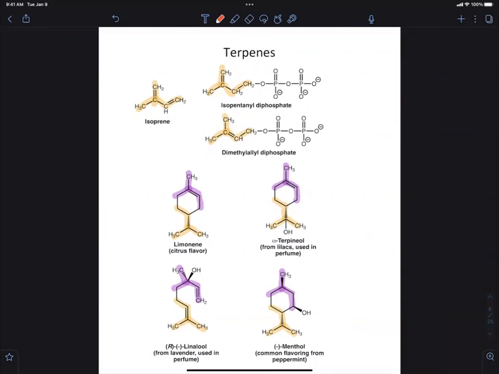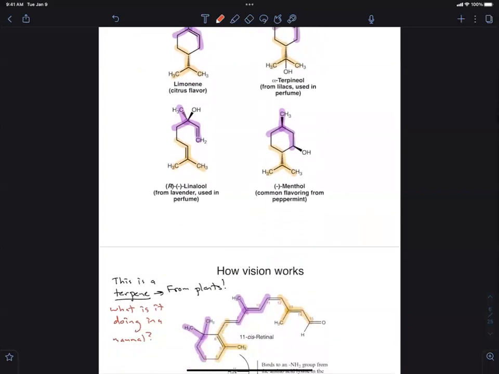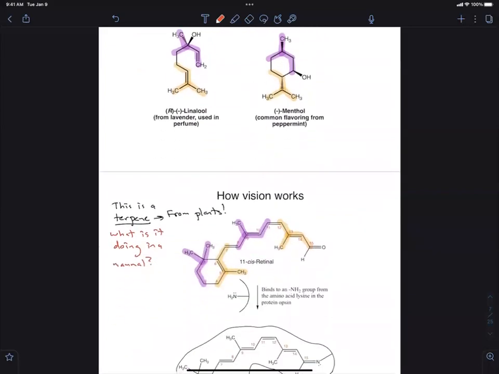Molecules that are found in plants like this are referred to as terpenes. And why am I saying this? Because if we go back to look at the molecules of vision, what you'll notice is that cis-retinal is actually a terpene. It's composed of four of those isoprene units.